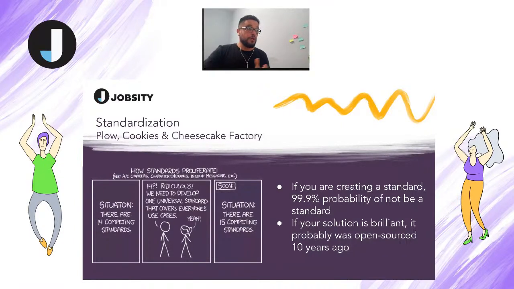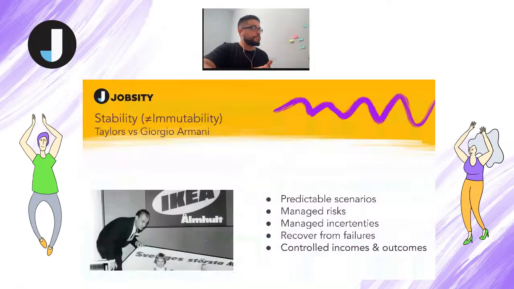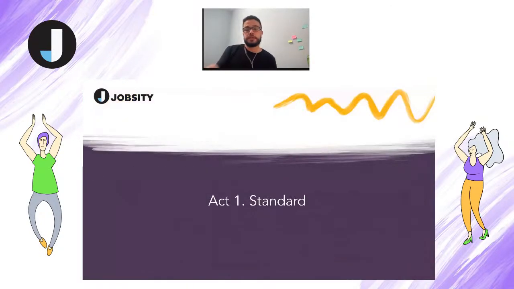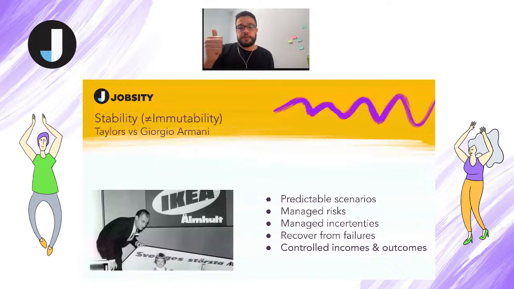But if you go to the old businesses, which is, I think I jumped the slide here, which is banking, air traffic, trains, everything is standardized. Why?